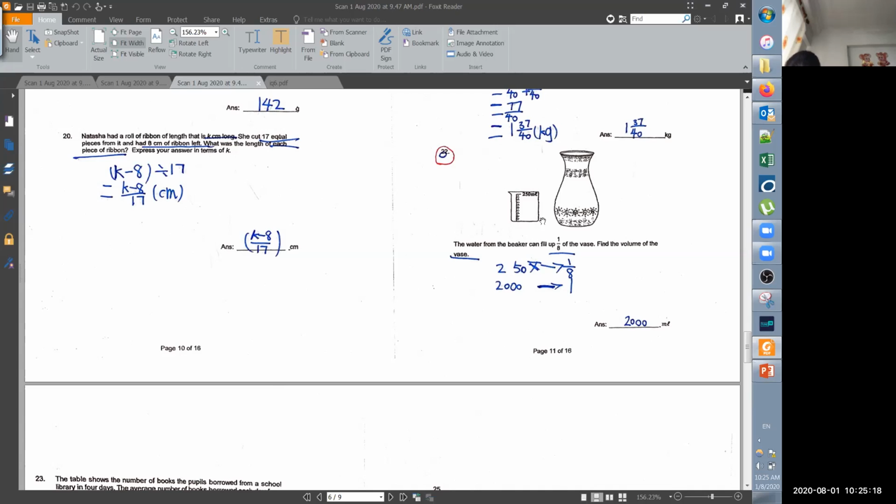Okay, so I think your answer over here is circled because this water in the beaker is not full. But anyway, according to your understanding, the water in the beaker is full, so your answer 2,000 is correct. The way to do this question is more important than your answer. So according to your understanding, your way of doing is correct.